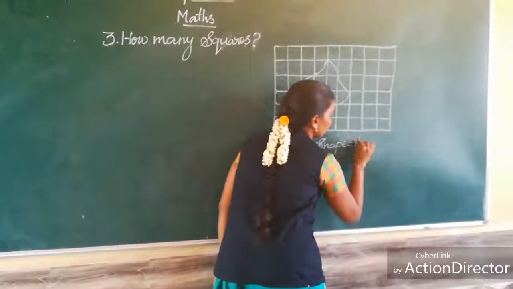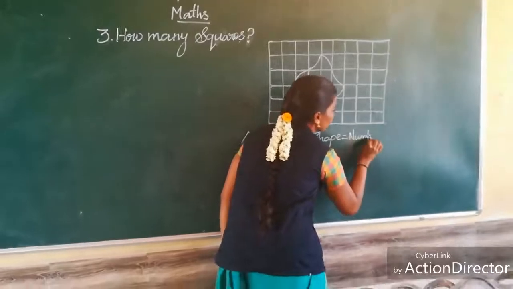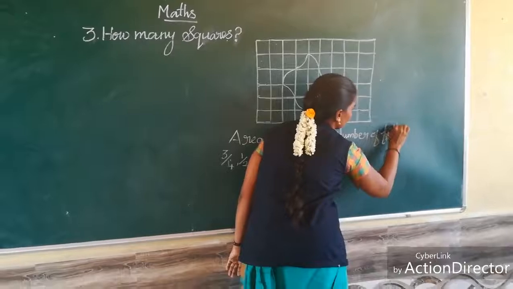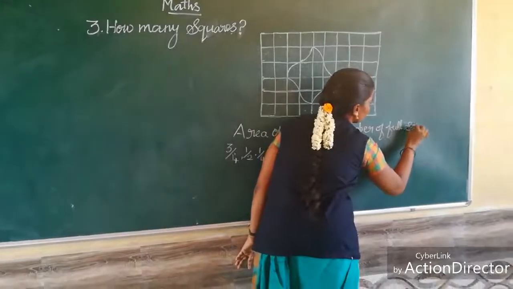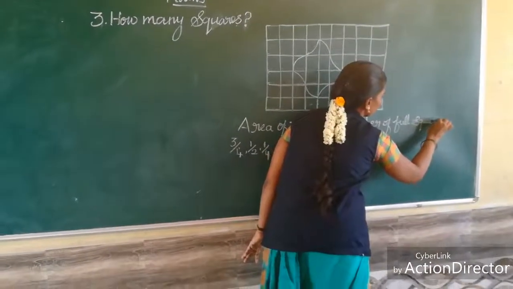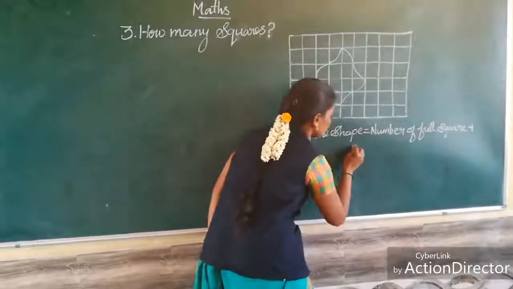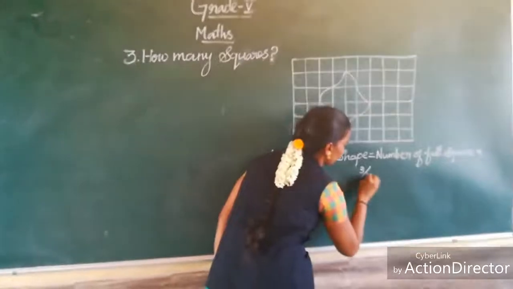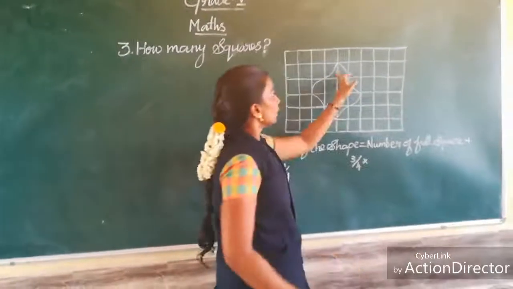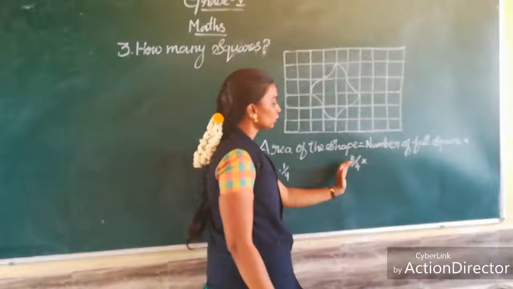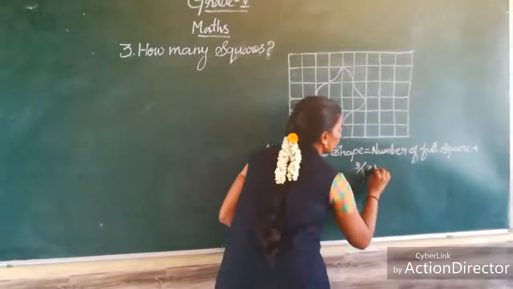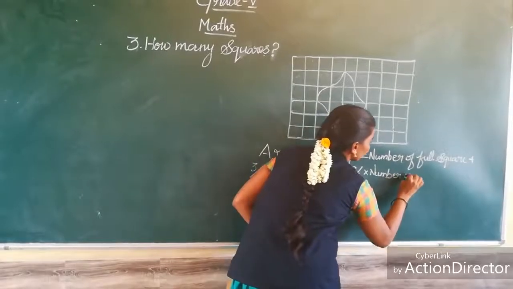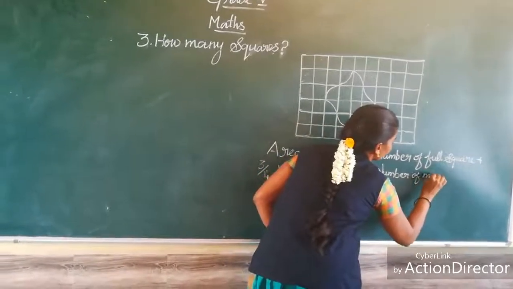First here you write number of full square, plus 3 by 4 into number of more than half square.